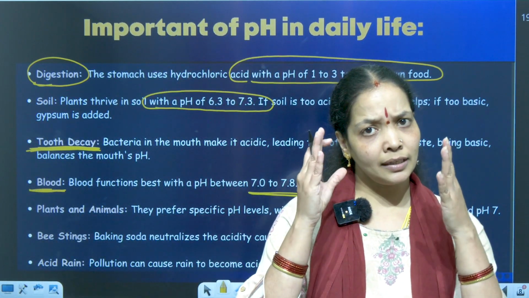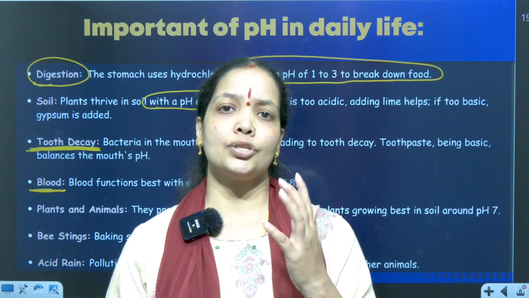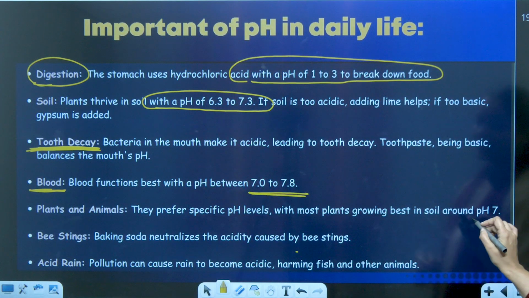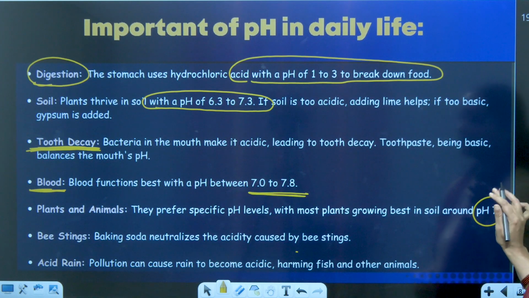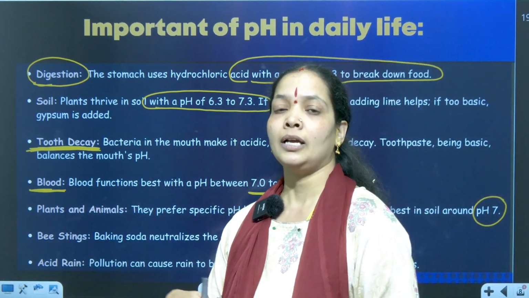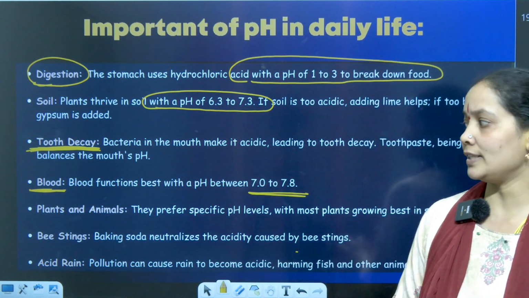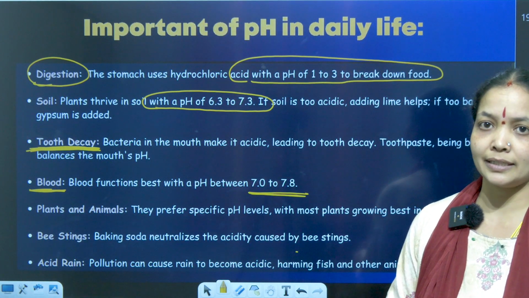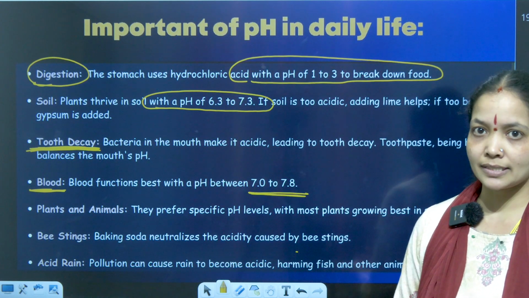As I told you, 7 is the mediocre value of pH, which is neutral. So if the soil has a pH of 7, it is best for the growth of plants and for animals like earthworms and many other worms to stay inside it with no irritation.